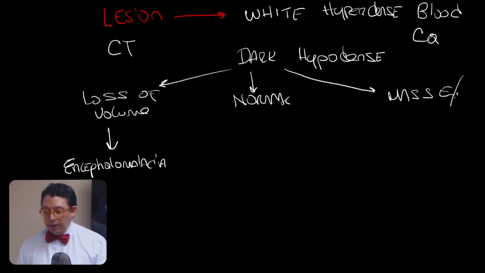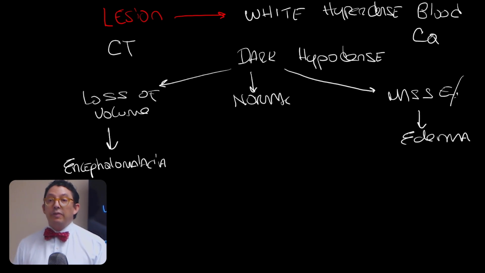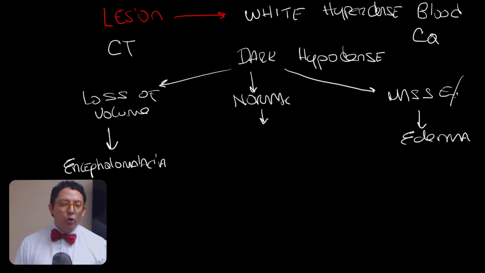Right? When you have mass effect around a dark lesion, we typically call that edema. And there are still lesions where you have a normal amount of brain. When you have a normal amount of brain and you have a dark lesion, usually you have to think about things like demyelination.